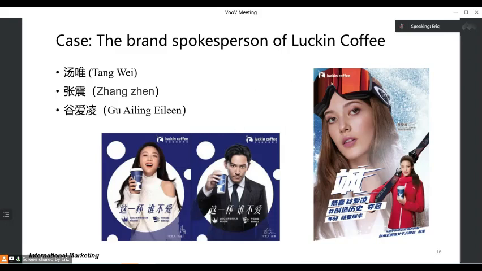This is the case of Luckin Coffee. In the China market, Luckin Coffee is more and more popular compared to Starbucks, because Starbucks seems more expensive than the domestic coffee brand. So Luckin Coffee is more favorable than Starbucks, and this brand grew very quickly.